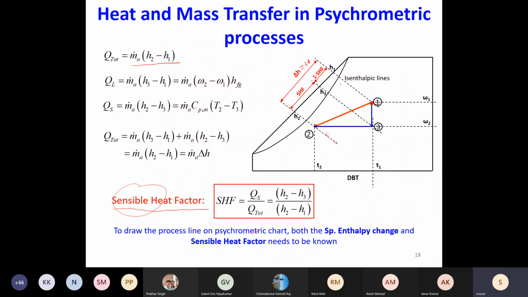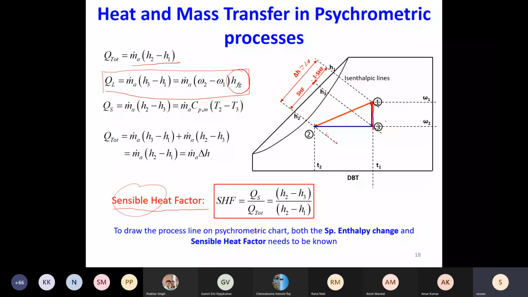If you don't want to use the chart, there is another way of doing the same thing. The latent heat transfer will be given by m_a dot times (h3 minus h1), and that will only be equal to (omega 2 minus omega 1) times h_fg. Why? Because there is no sensible heat transfer along this line. There is no temperature change.